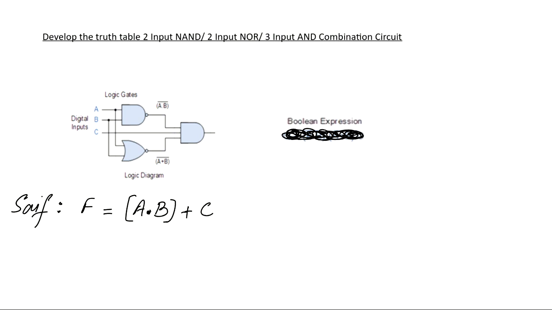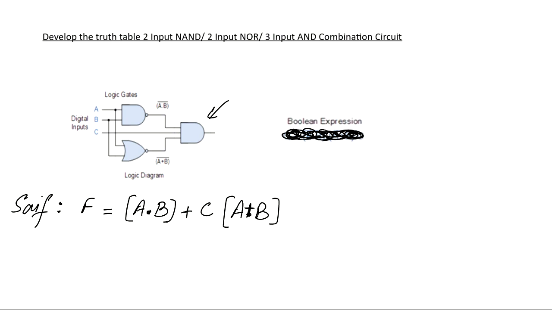Okay, addition. Yes, sir, it is doing addition. And the last gate, which is on the output side, what is that doing? Is that doing addition or multiplication? What gate is that?